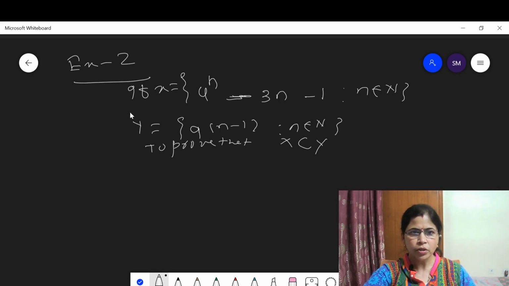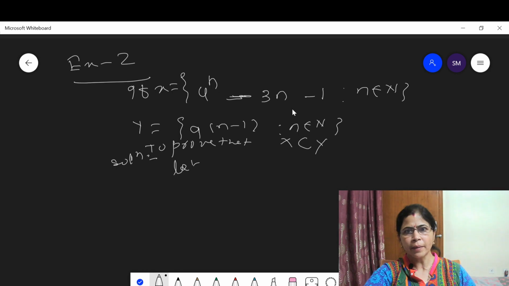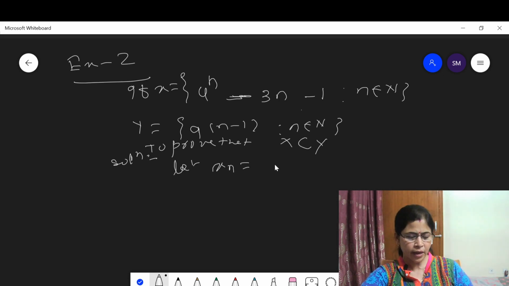Now let us solve. Let X be the set with x_n, the nth element of the set X, equal to 4 to the power n minus 3n minus 1, where n is any natural number.